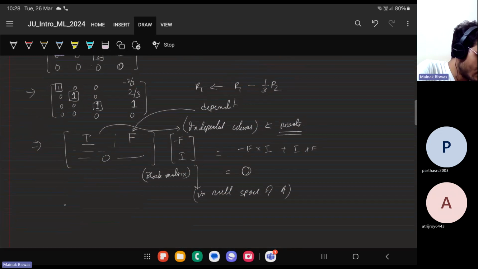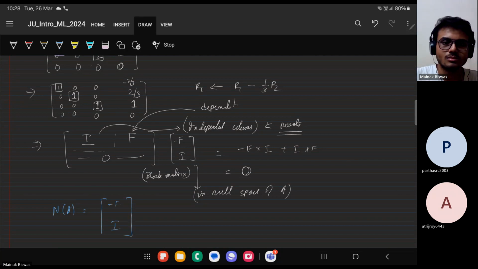Look at this. Do you see the column null space of A is in this form, minus f comma I? Do you agree?